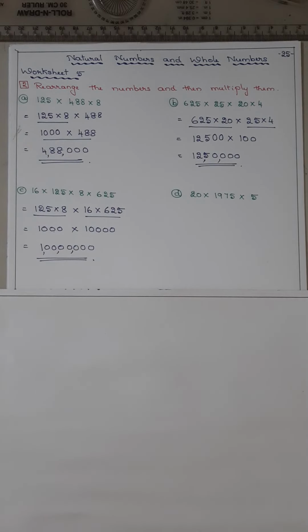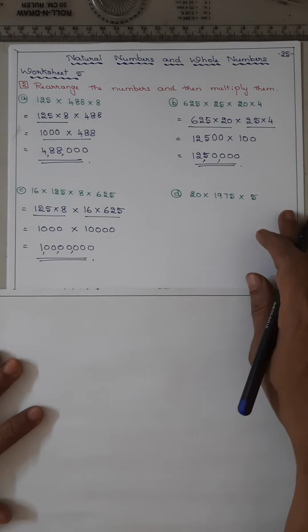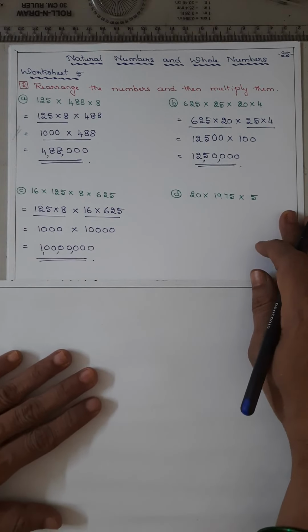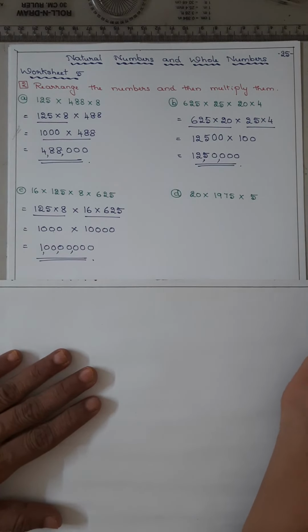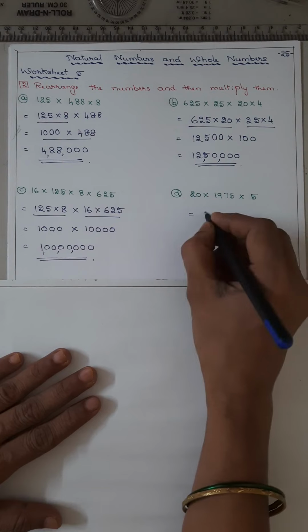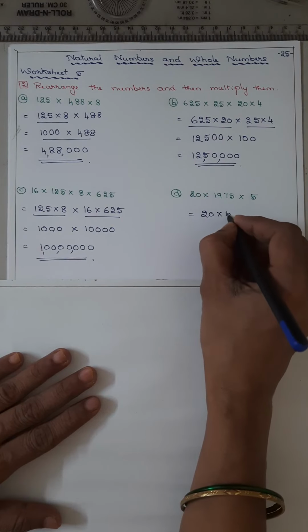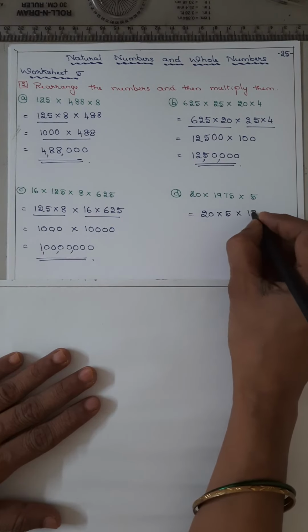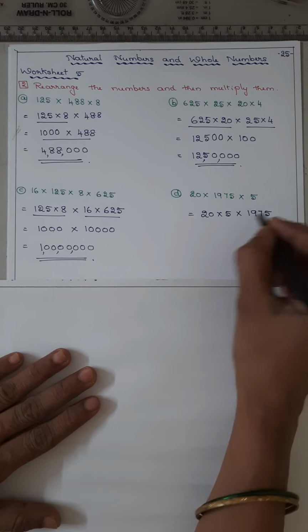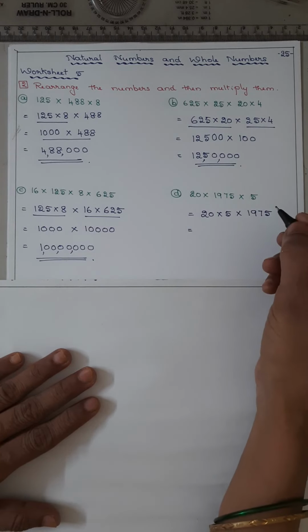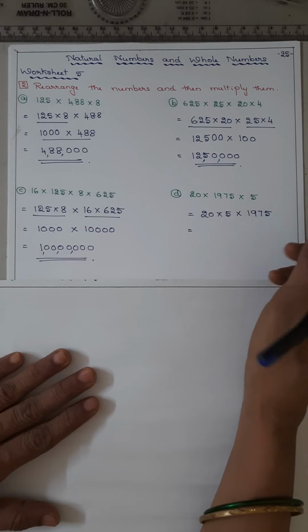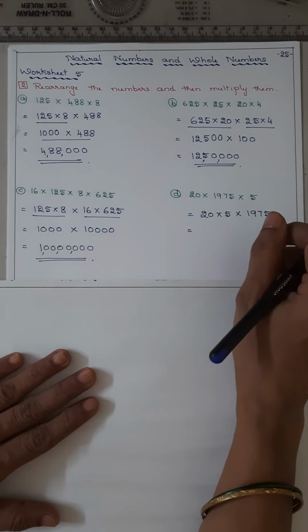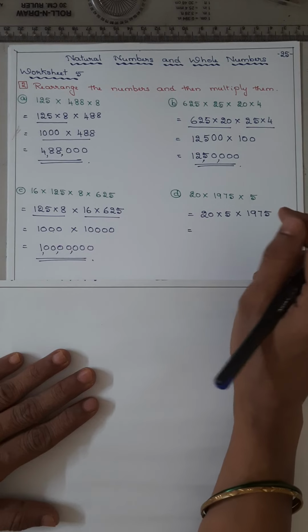Okay. Now coming to the question number D. 25 4s are 100. So here all the numbers which, when we multiply, come to 10, 100, 1000, 10,000, that you have to group separately. You have to remember this, okay?